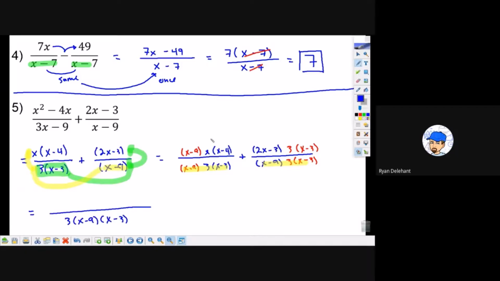But now I need to do this plus on the top. So I have this x minus 9, x minus 4 plus 2x minus 3, there's a 3 in front.